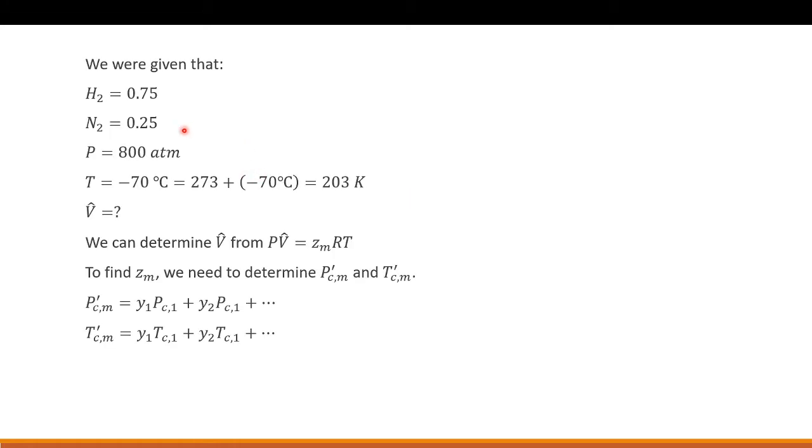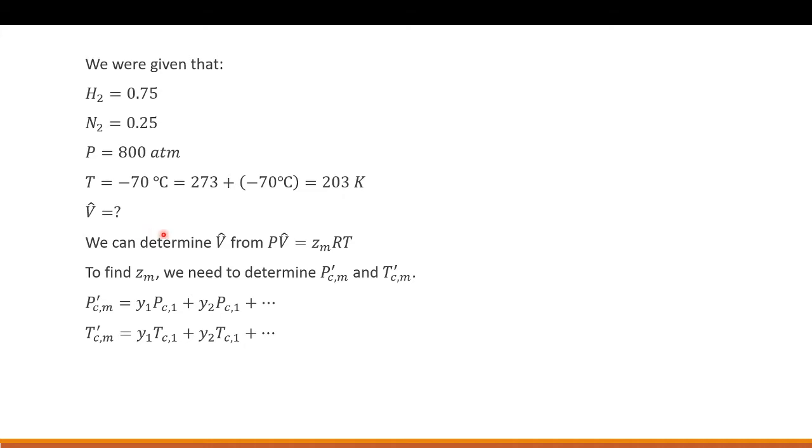So we are given that hydrogen is 75%. We write it in terms of fraction as 0.75, and the remaining is nitrogen, which is 0.25. The pressure is 800 atm and the temperature is negative 70 degrees Celsius, which also equals 203 Kelvin. And we need to find v cap, the specific volume.